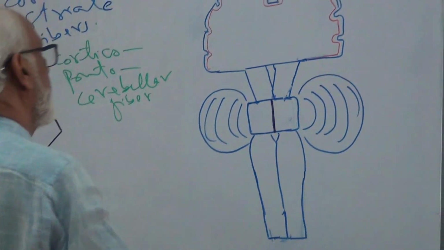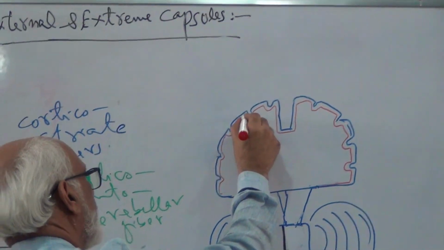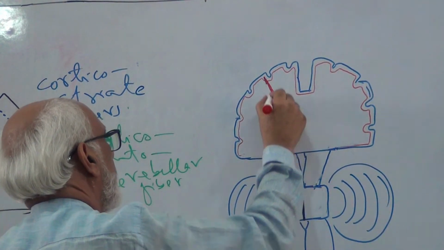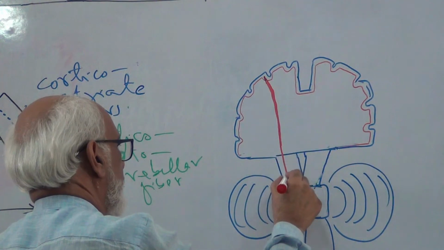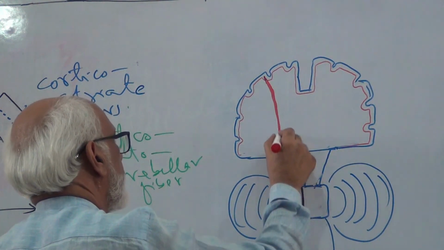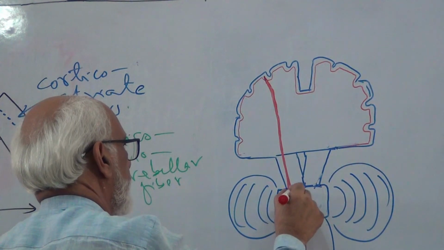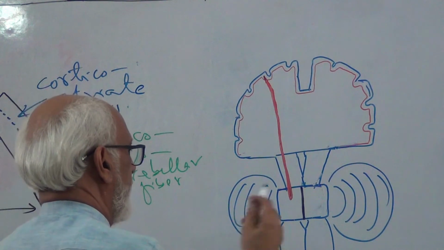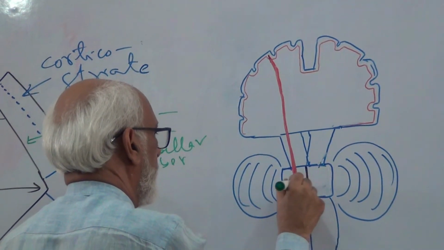So what happens is that the cortico-pontine fibers arise from the cerebral cortex, pass through the corona radiata, pass through the internal capsule, descend through the crus cerebri of the midbrain, and enter the ventral part of the pons. In the pons there are pontine nuclei, several nuclei.